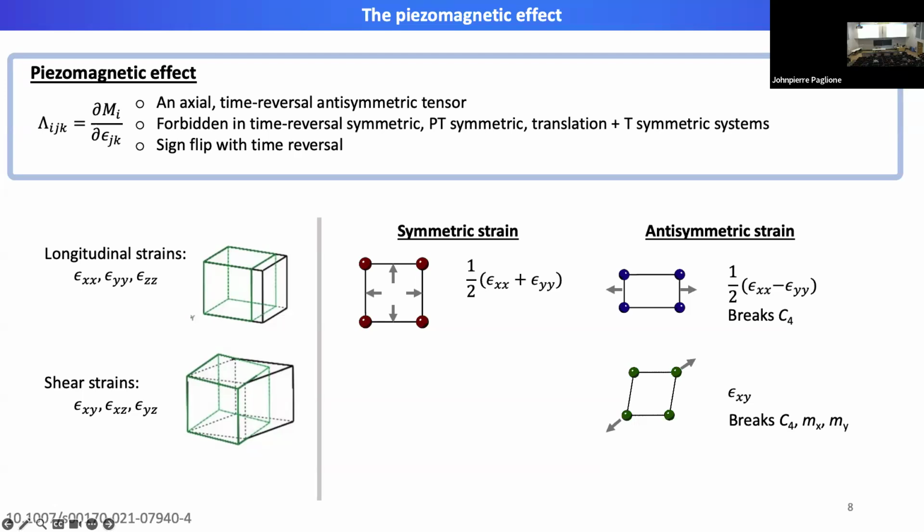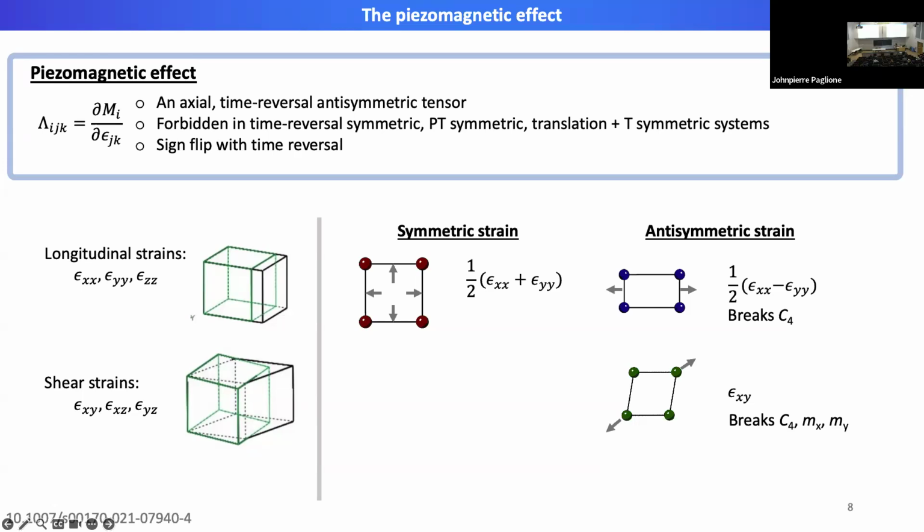But here I want to categorize the different modes of strains in the context of whether they break or preserve the original symmetry of the lattice.